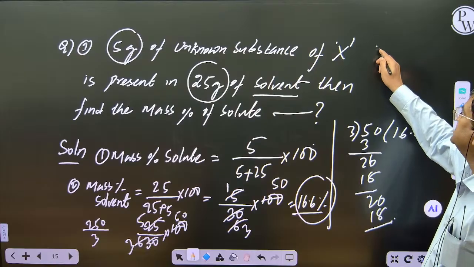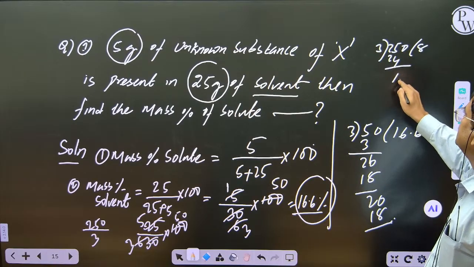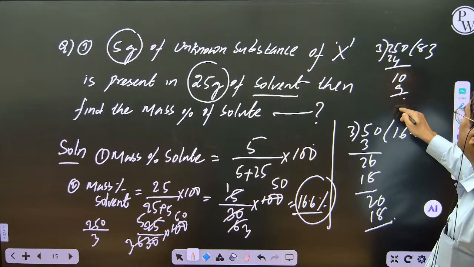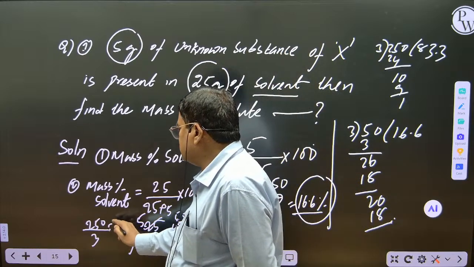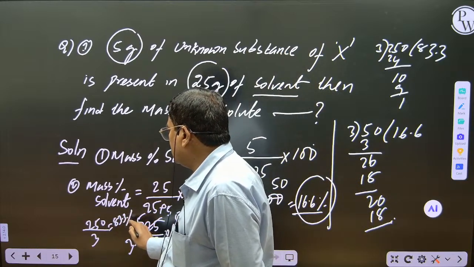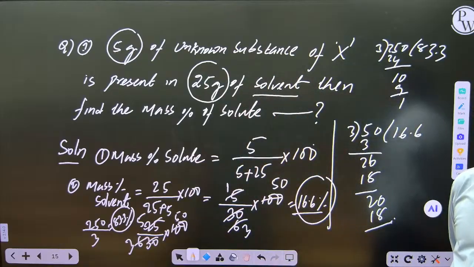So that comes how much, students? 3 eights are 24, 1 0, 3 threes are 9. 83.3% we get. Correct? This will be mass percentage of what? Solvent. Understood all of you?